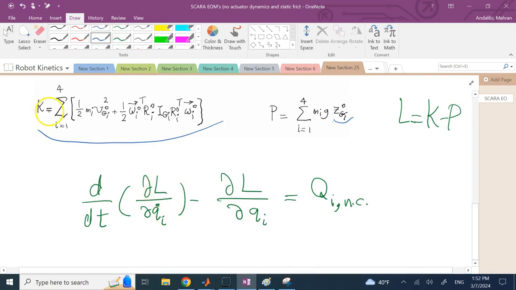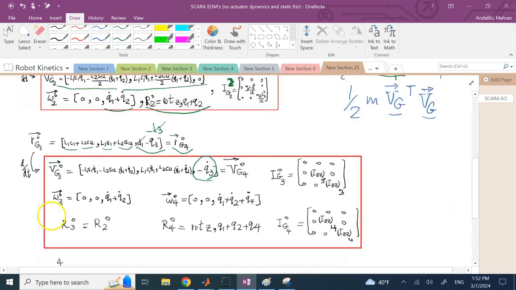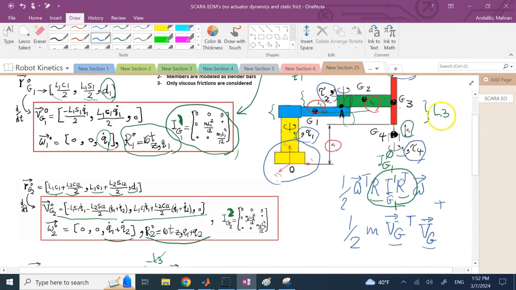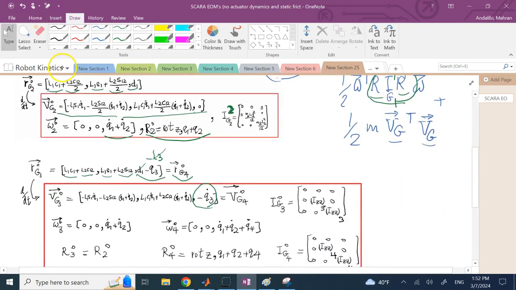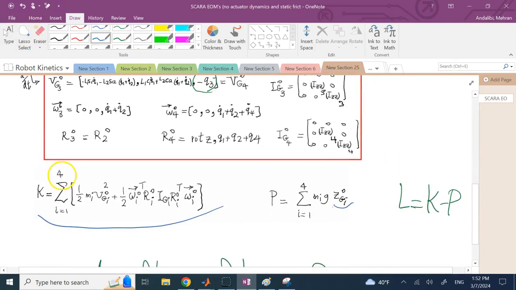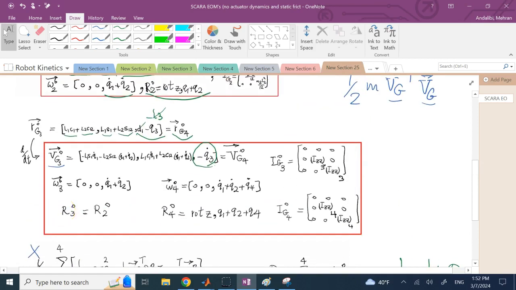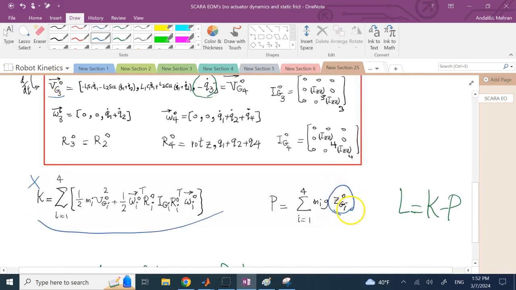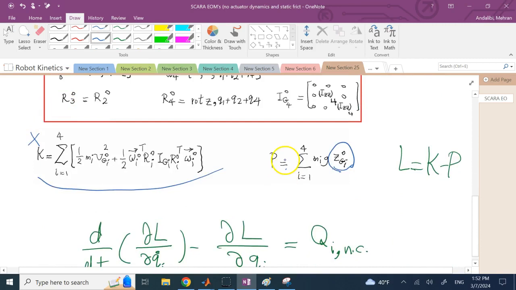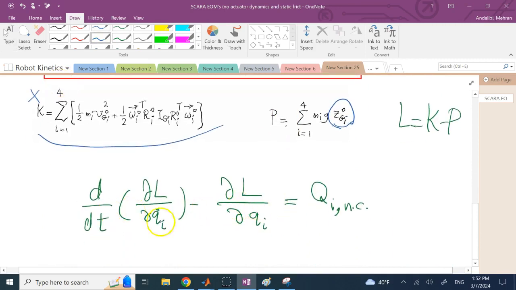Here that fixed distance L3 has no effect in kinetic energy because it did not show itself in the velocity of points 3 or 4. On the potential energy it does, because it is going to affect the z of point 3. But we are not going to directly use potential energy here; we are using derivatives of potential energy.